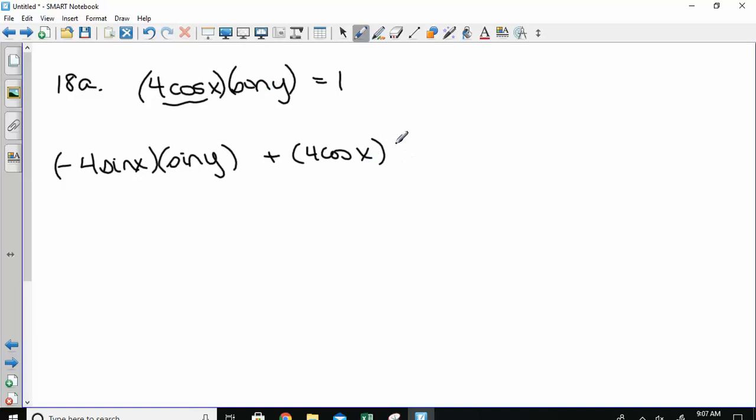Derivative of the second. Derivative of sine is, the angle stays the same, but anytime you do the derivative of a y, it gets dy dx. Should it be 0? Yes. Derivative of 1 is 0. So we can add that term over.